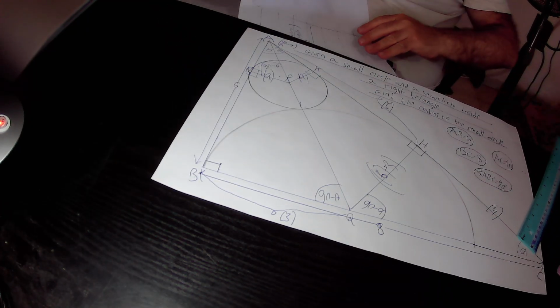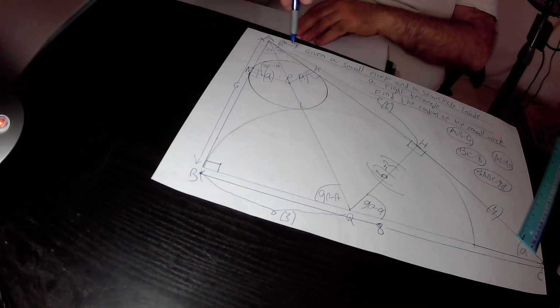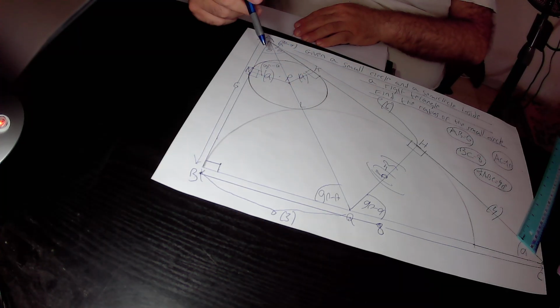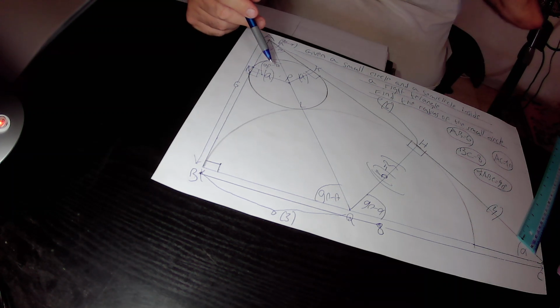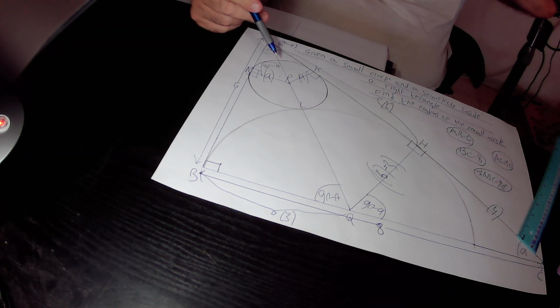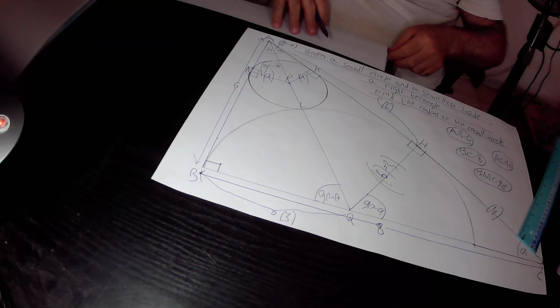So we actually found out that all the angles in the big right triangle ABQ are correspondingly equal to all the angles in this small right triangle ANP. Therefore, those two right triangles are similar to each other according to the angle similarity rule. So I write it down.